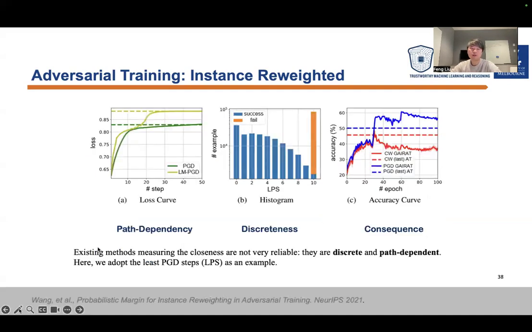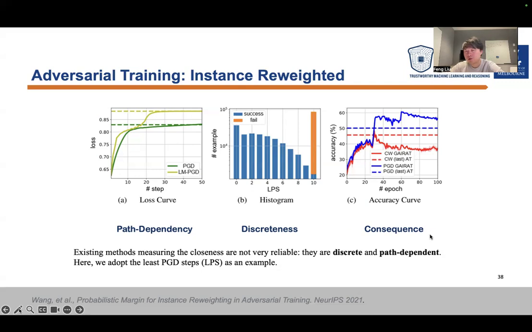So the first one is path dependency. We just need to change PGD to other things, and it will change the loss curve a lot. And for discreteness, we can say for LPS equal to 10, we have many failure cases here. Okay, it's not what we want. The information here is highly mixed. We cannot use that information.